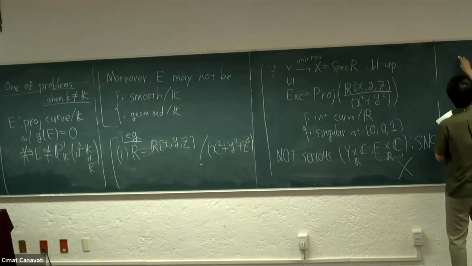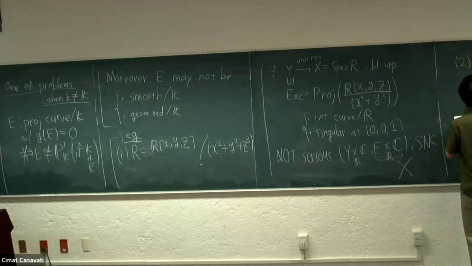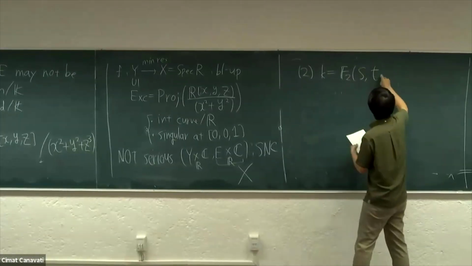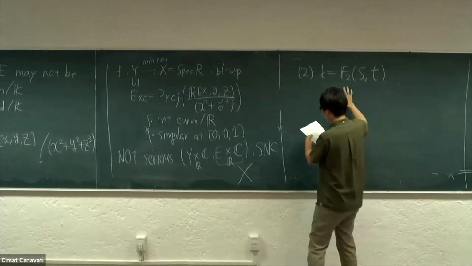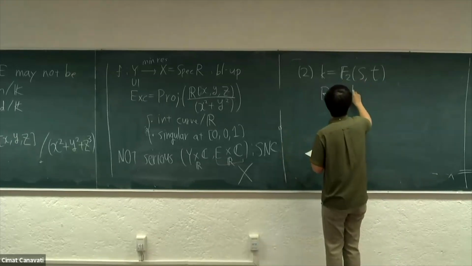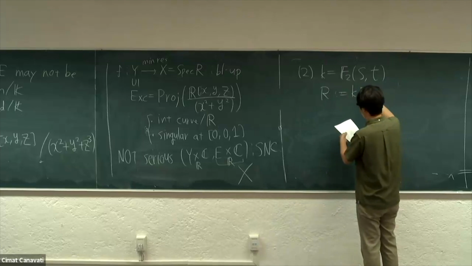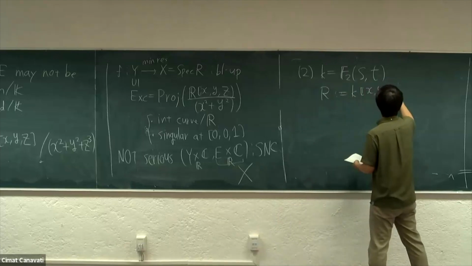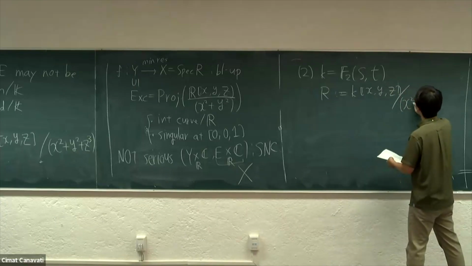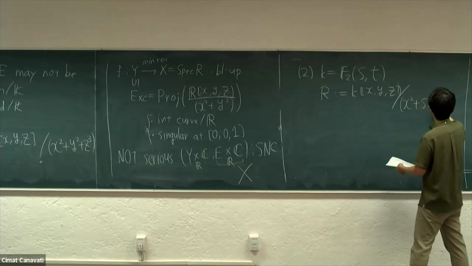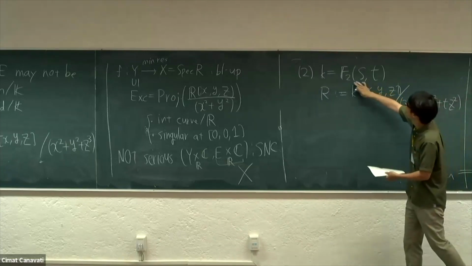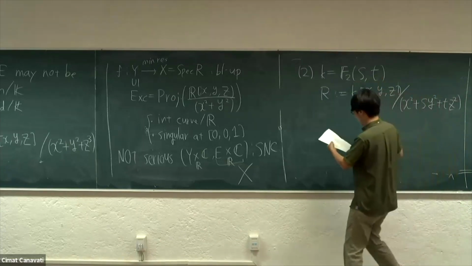So let's take the characteristic field, an imperfect field, and R is the hypersurface defined by this equation x squared plus s y squared plus t z squared, where s and t are contained in the base field.